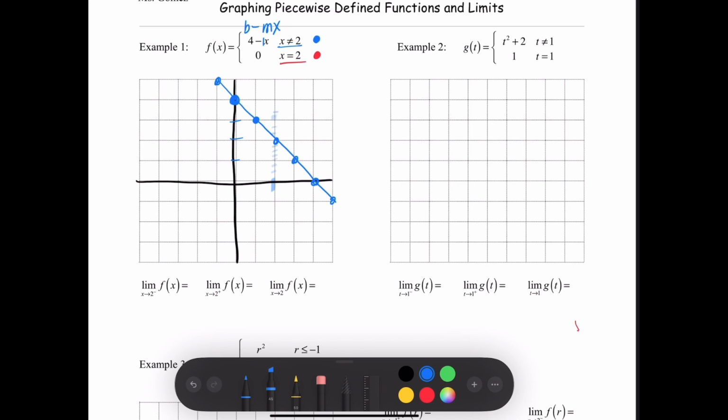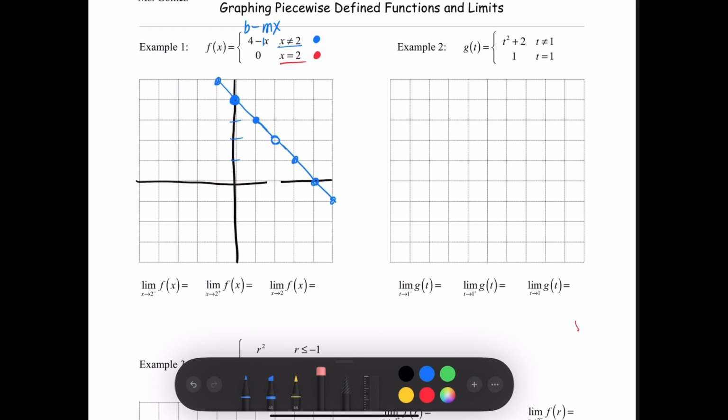I cannot have a value at 2 because my domain says x does not equal 2. So I'm going to erase my value at 2. And since I don't have a value there, I'm going to have a hole. So that's what my blue function looks like, okay?